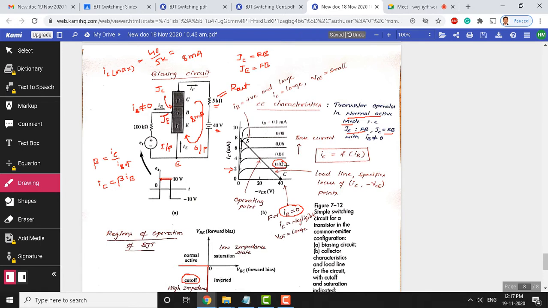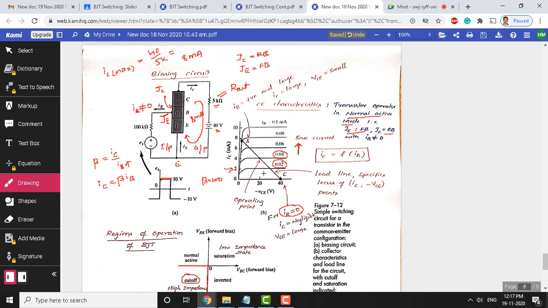For example, for this base current, 2 divided by 0.02, beta is going to be 100. The corresponding collector current is 2 milliampere, and when the base current increases to 0.04, the collector current increases to 4 milliampere. Likewise, if we keep increasing the base current by increasing the voltage between the emitter and base, the corresponding collector current keeps increasing.